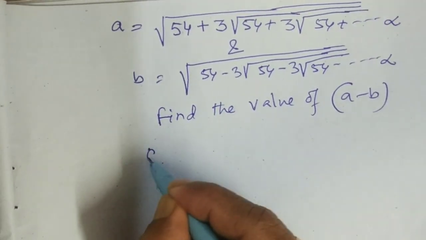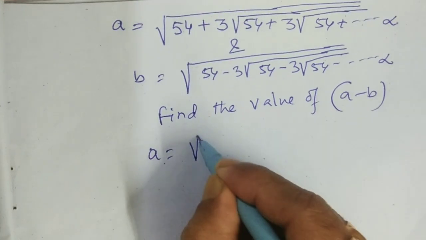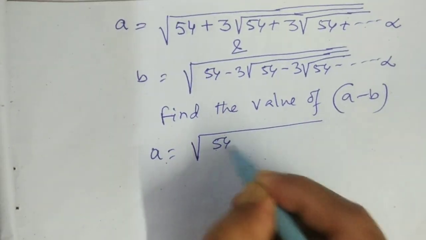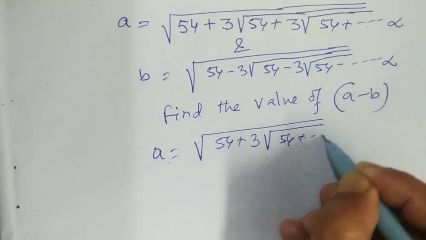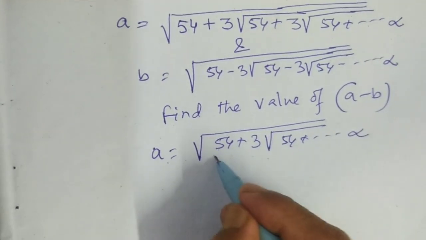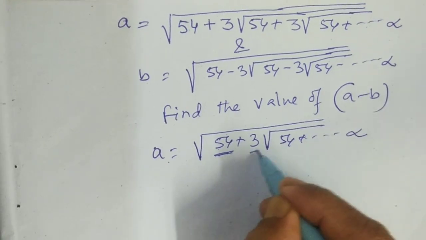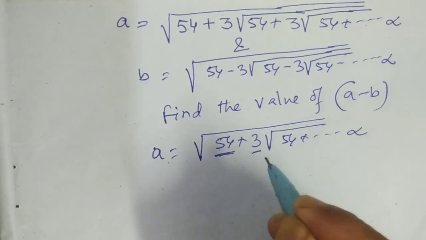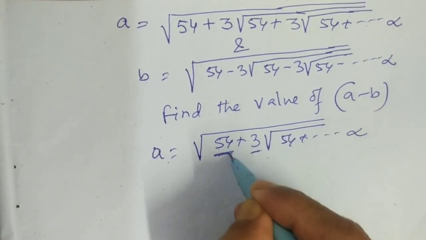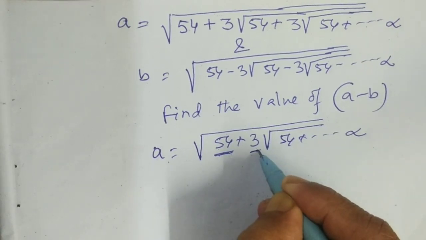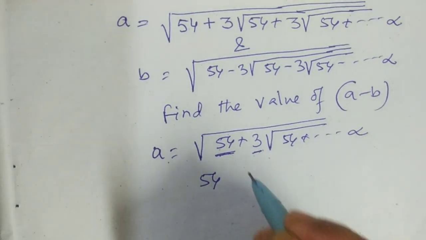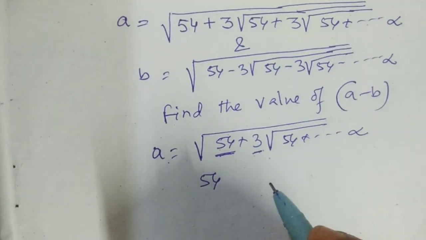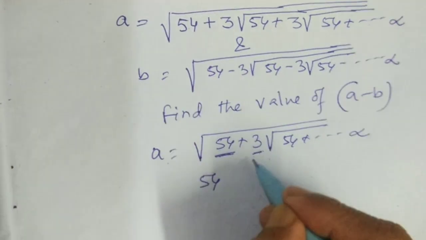Here it is written a is equal to root over 54 plus 3 root over 54 plus up to infinite. So it is 54 here and it is 3. Just see only these 2 points. Now we will write 54 as the product of two factors such that their difference is 3.